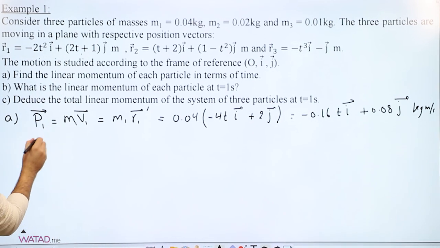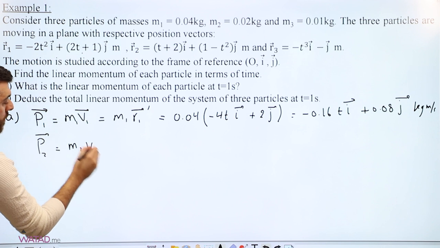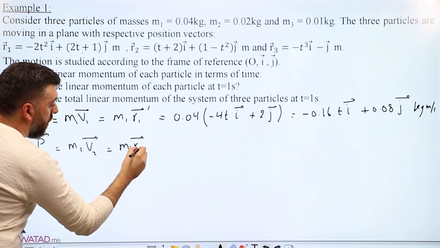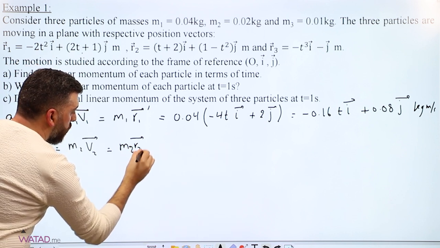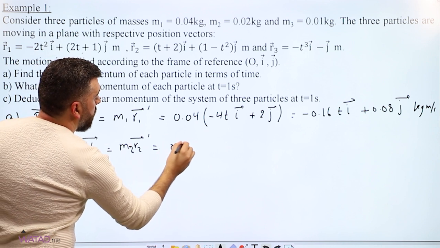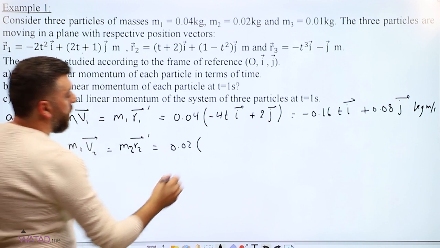Now p2, the same thing, it's equal to m2 times v2. So it's m2 r2 prime, equal m2 is 0.02 times r2 prime derived with respect to time.